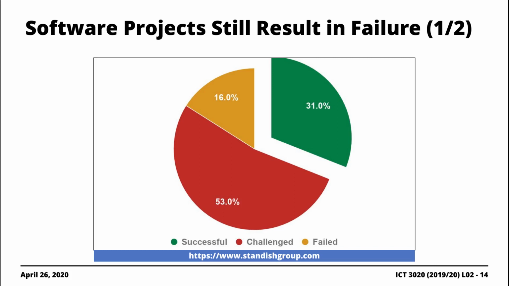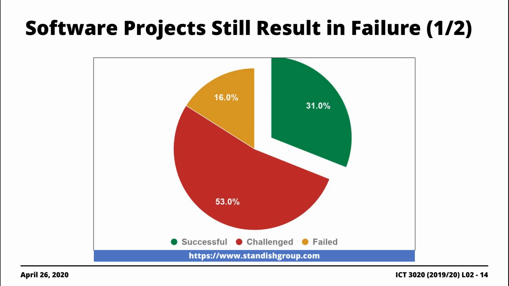So this graph shows you the most recent report. I'm not sure if this is the most recent report or the very first Standish report that was produced, even though the pattern has changed slightly, the segmentation of these three different strands is more or less the same.